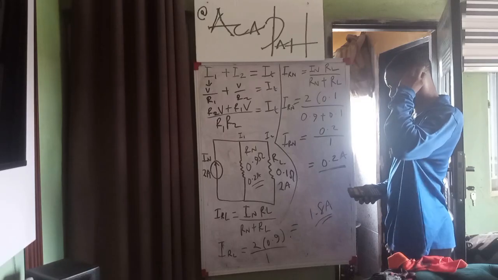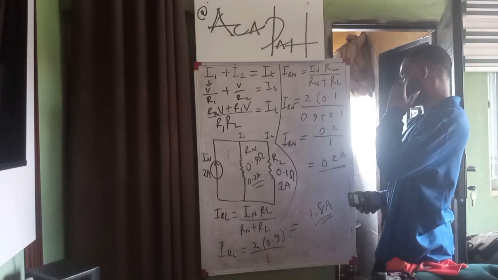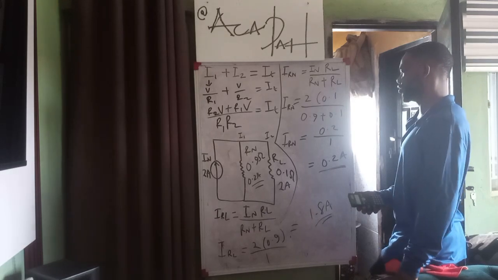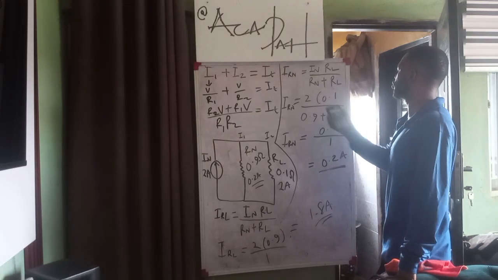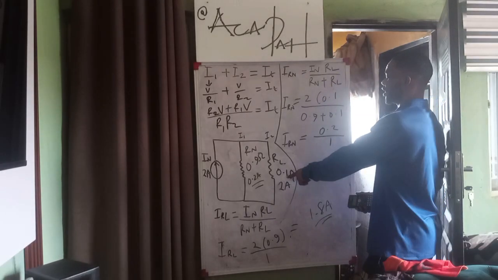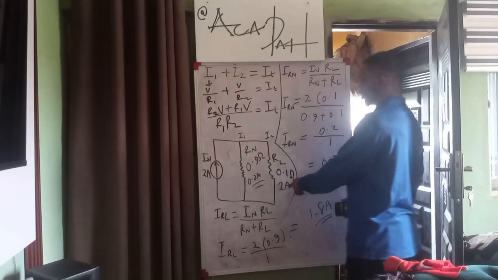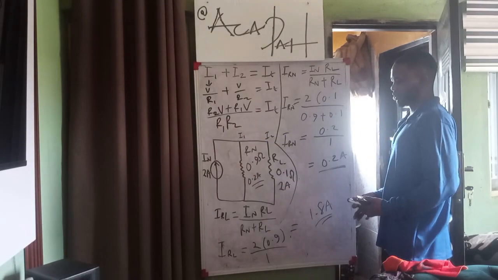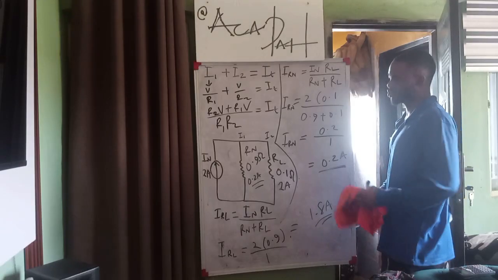Yes, and if you remember, that time we short-circuited, we got the current that is going to that load. The load that we short-circuited that time was 0.1, and then we used it to find IN. So you see, we're getting the same current here. So that is how to find the current in any of the resistors.